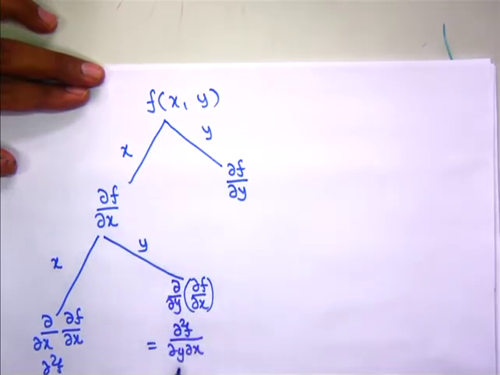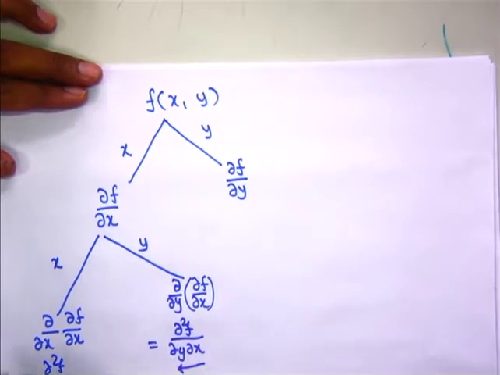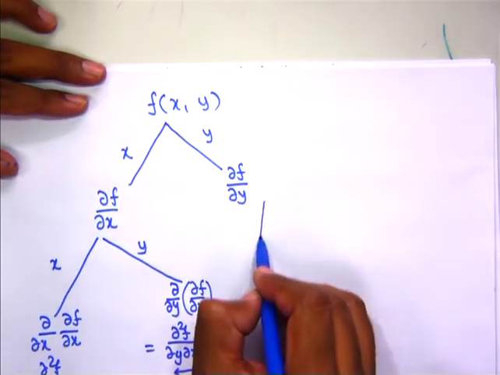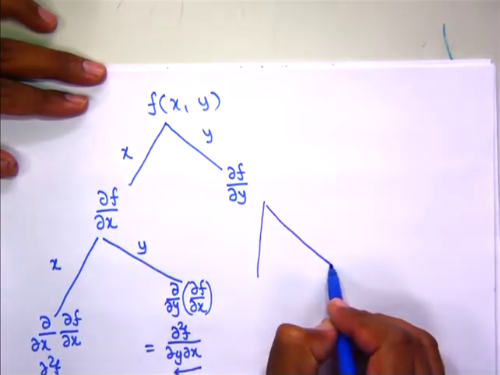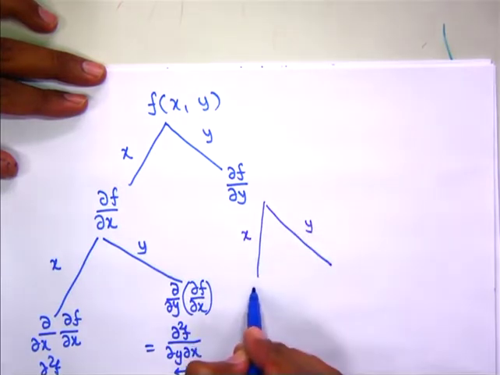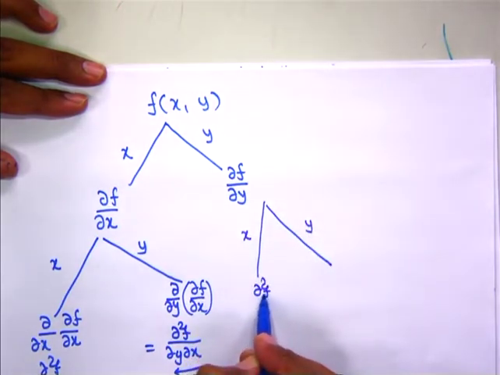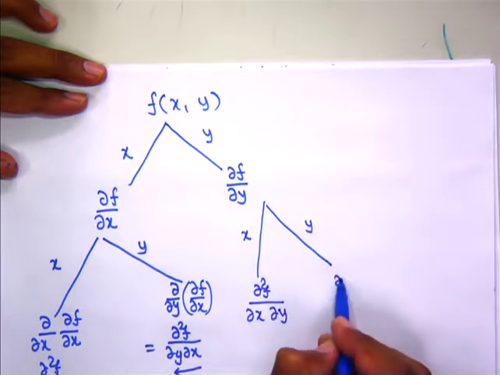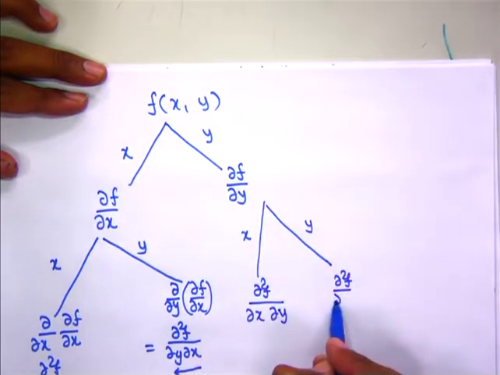Whenever we look at this, we have to start from the right side and come towards the left. Similarly, del f by del y is differentiated with respect to x and y, then we get del square f by del x del y and del square f by del y square.